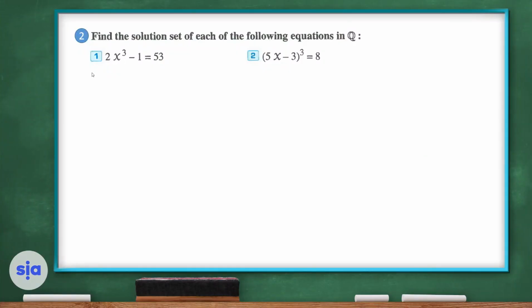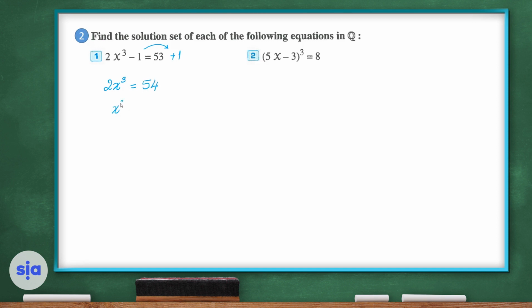Another type of question is asking us to find the solution set of each of the following equations. Let's now go and see number 1. It says 2x to the power of 3 minus 1 equals 53. How can I solve this? The first thing I do, I move the 1 to the other side with a plus 1, right? So it's 2x to the power of 3 equals 54.